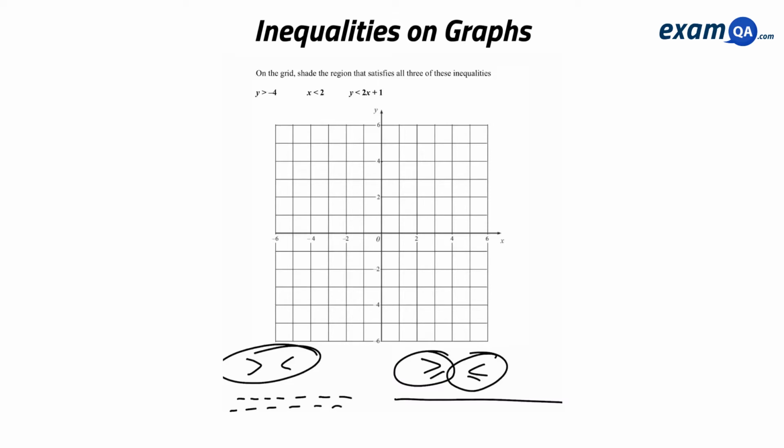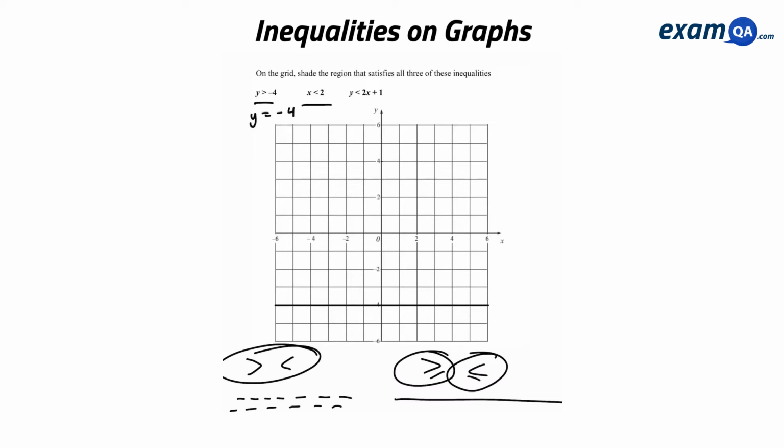Now, the first two inequalities are very simple. It says y is greater than -4. I'm going to pretend that it said y equals -4. If it was y equals -4, what would the line look like? It would just look like this, right?